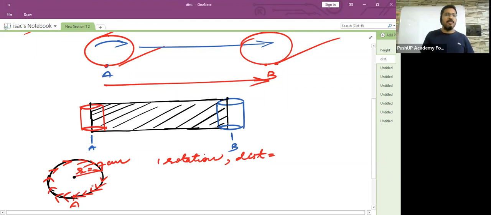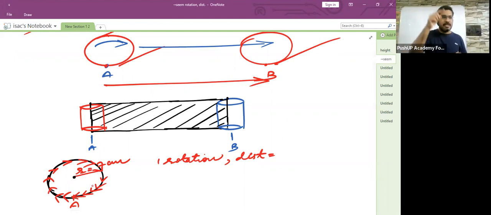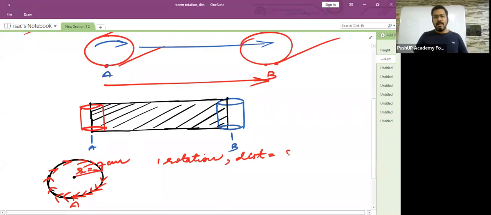This is the distance which you have to cover in one rotation because the wheel of your bicycle, when it is traveling on the road, which portion of the wheel is touching the road? The circumference of the wheel, isn't it? How do we find the circumference of a wheel? It's a formula 2 pi r, isn't it?